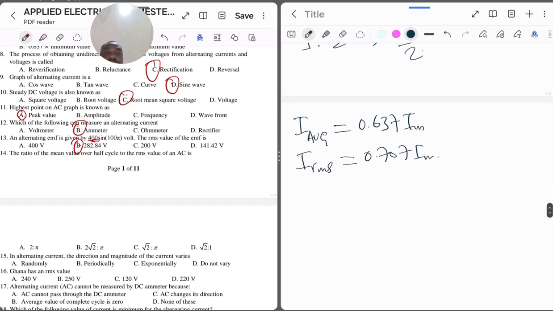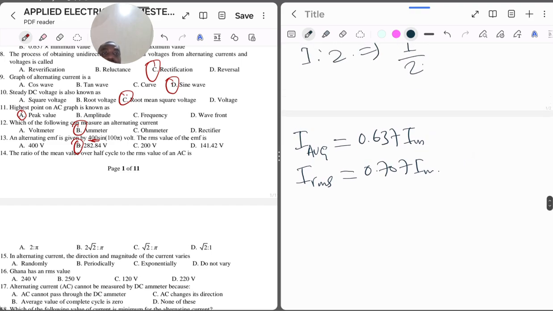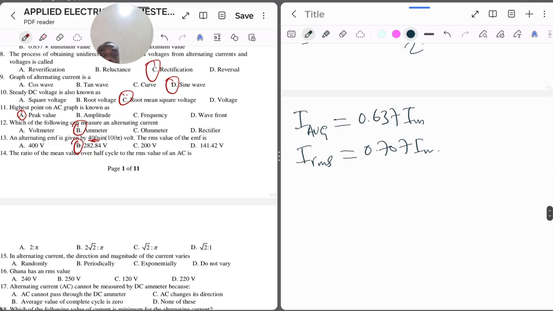So I'm going to take, like we did here, from the question, the ratio of the average value, which is 0.637, to the root mean square value.